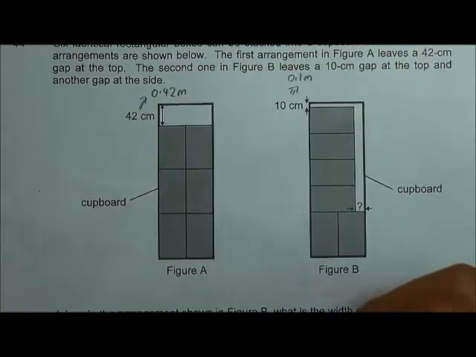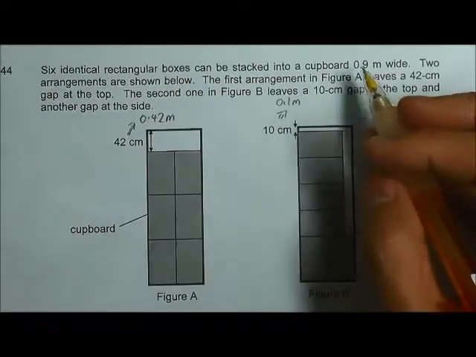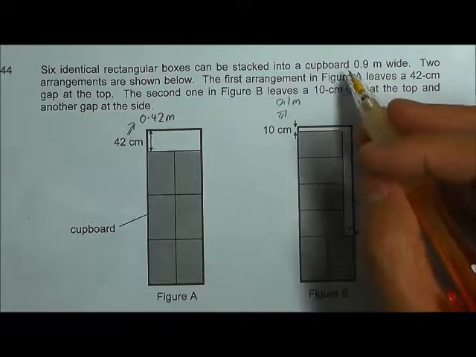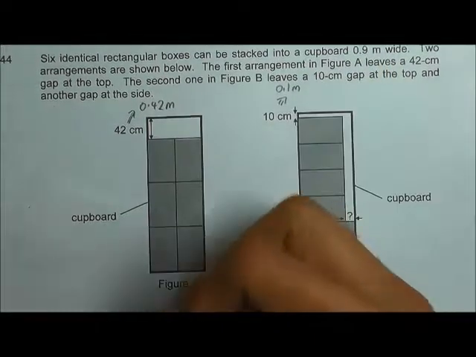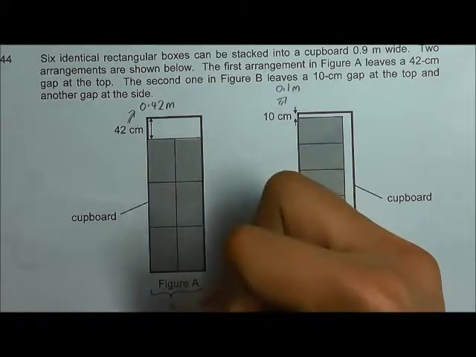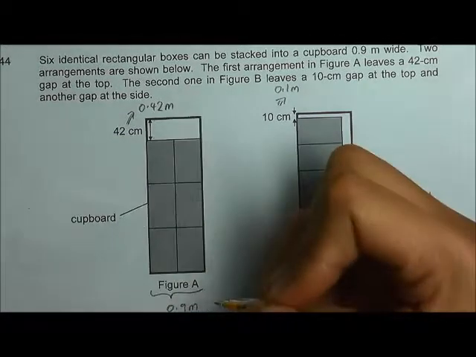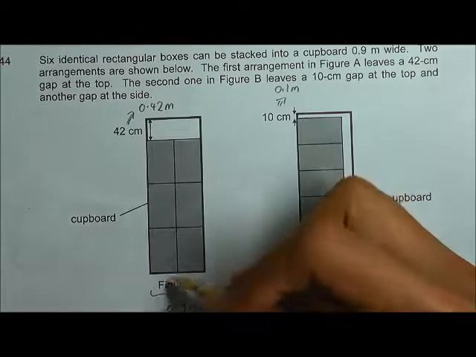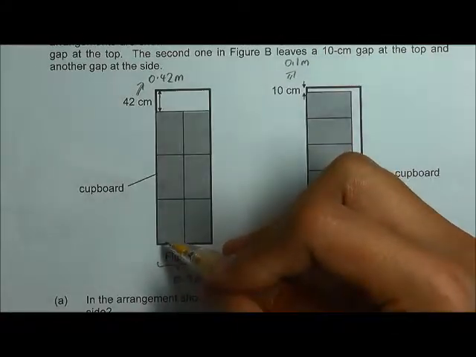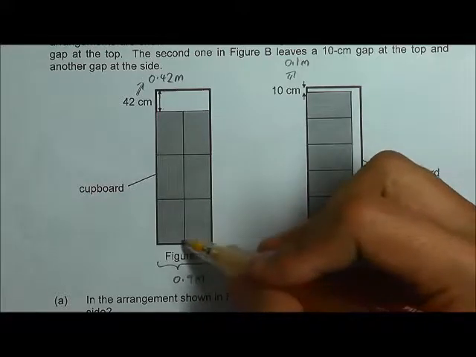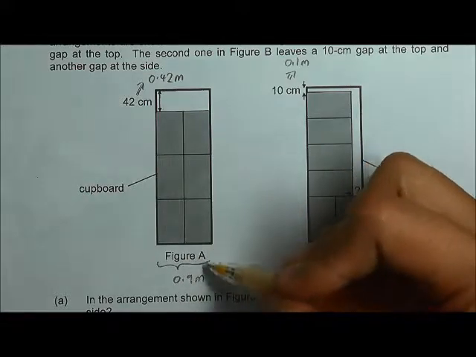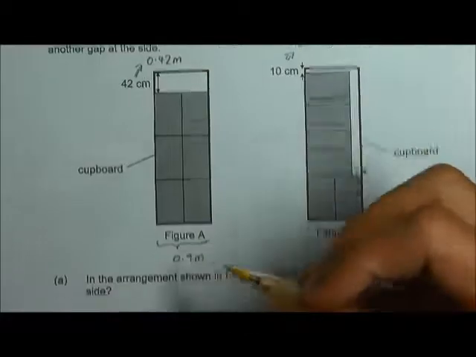Now, we are given that the width of the cupboard is 0.9 meter. And we can find out the width of the rectangular box, because 2 times the width of the rectangular box is equal to 0.9 meters.